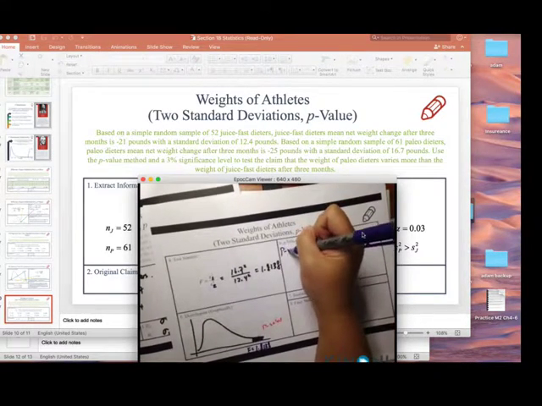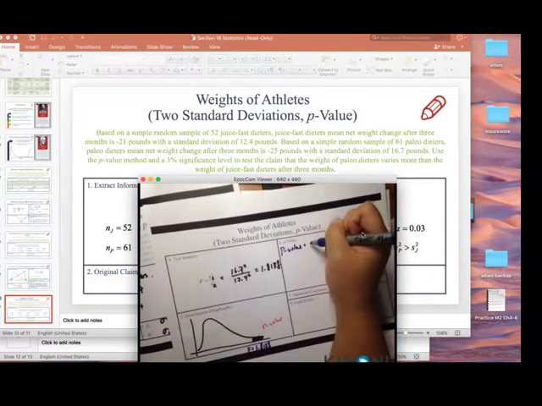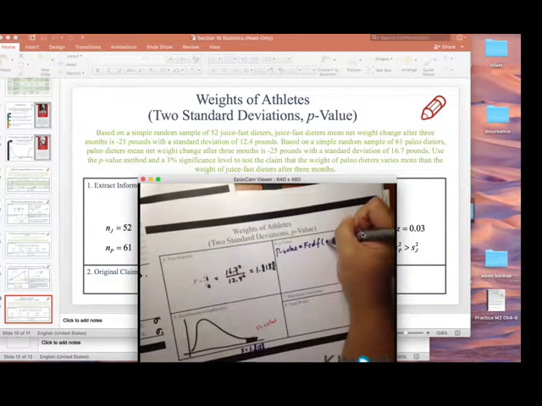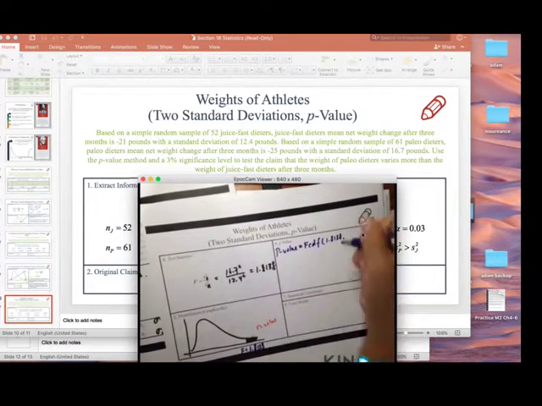So p-value equals, this is an F distribution, so we use the F CDF. The first input is your test statistic, comma, the upper value, which is 1E99.